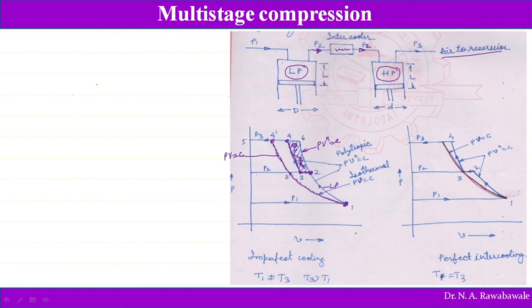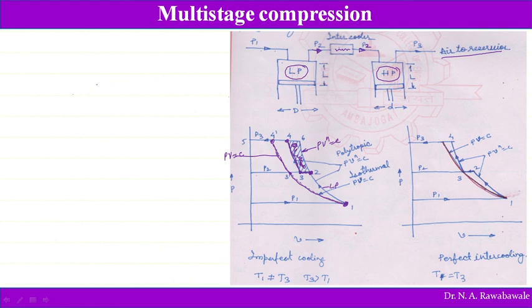So it is called perfect cooling. In case of perfect cooling, instead of reducing the temperature from T2 to T3, the temperature is reduced from T2 to T3 dash. When the temperature at point 2 is reduced to T3 dash, we call it perfect intercooling.